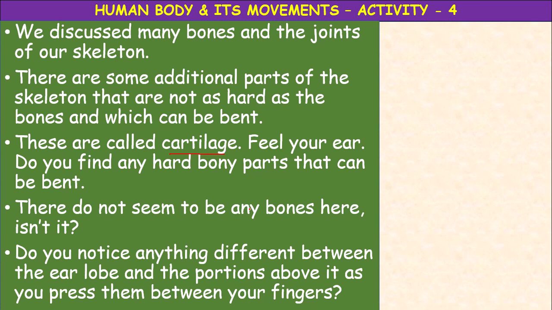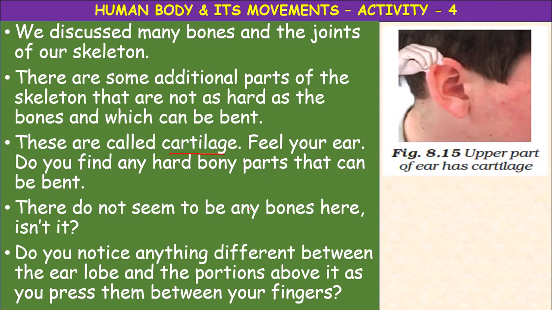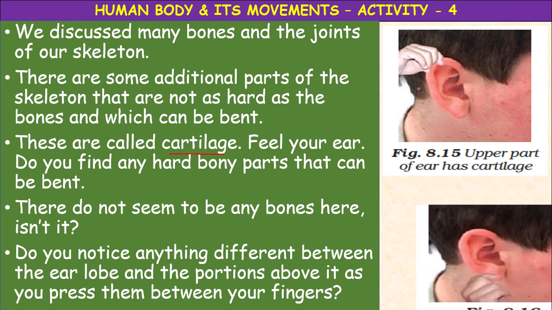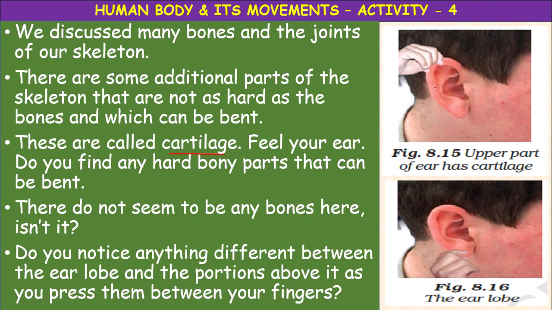Okay. So here, the upper part of the ear has cartilage. This portion which is flexible, which we can bend, which is elastic, is called cartilage. The portion below the earlobe is somewhat only skin attachment, isn't it?